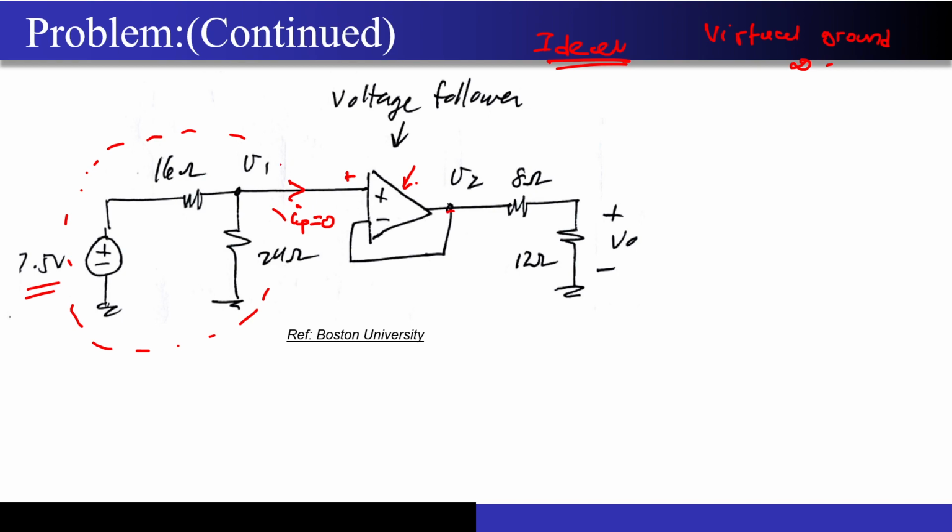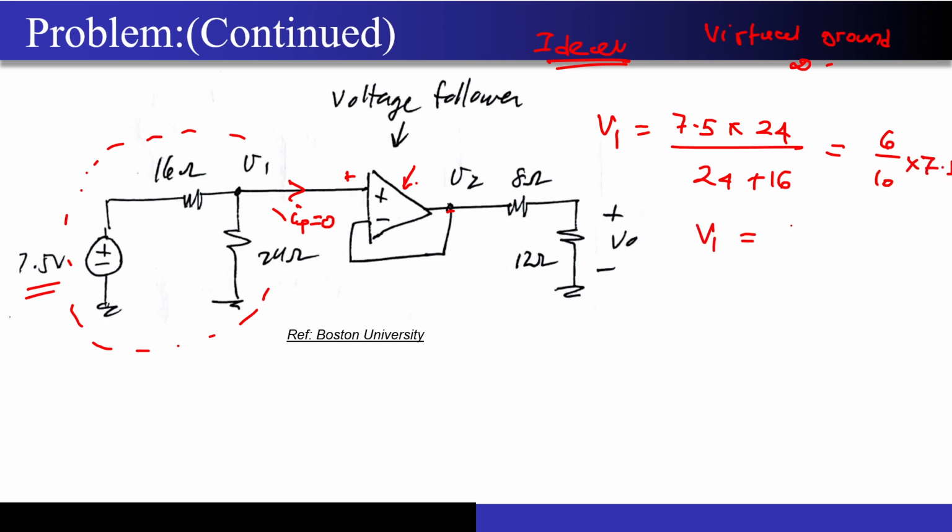Now I will first find the value of V1. V1 will be nothing but 7.5 into 24 upon 24 plus 16, which is 6 by 10 into 7.5, so V1 is 9 by 2, equal to 4.5 volts.